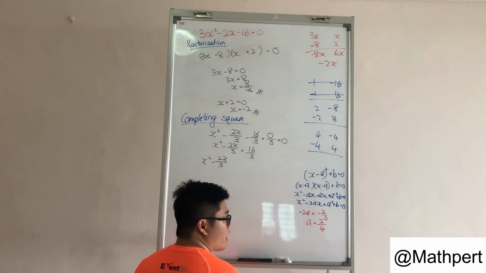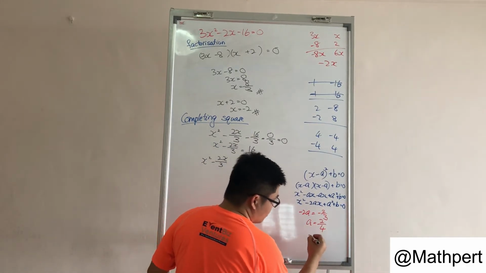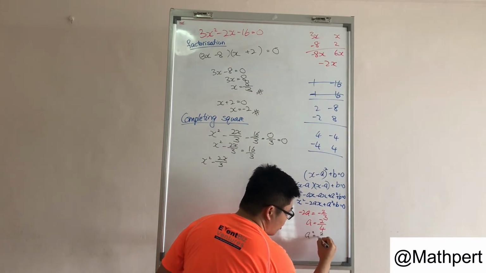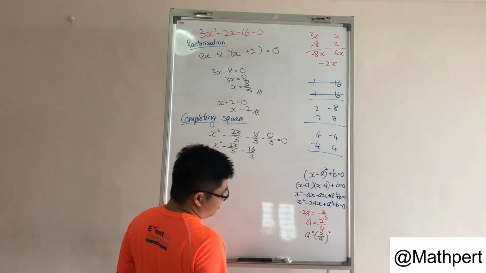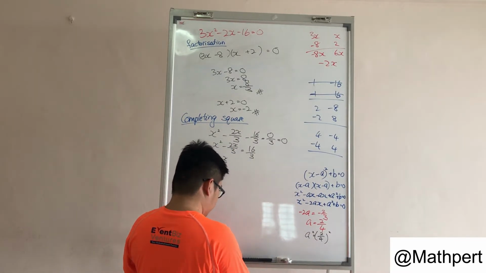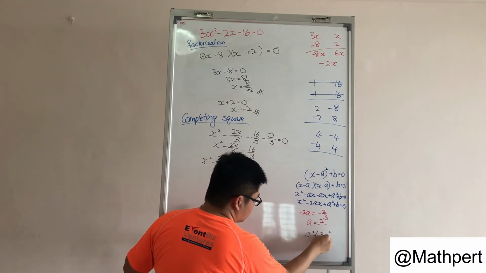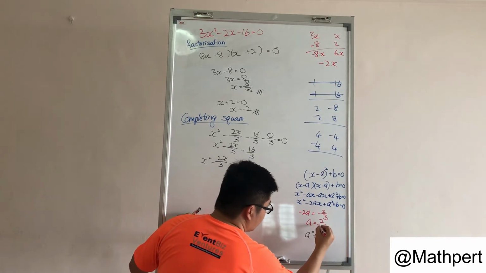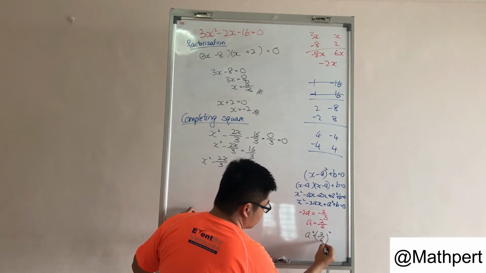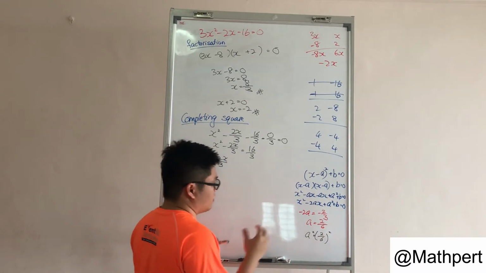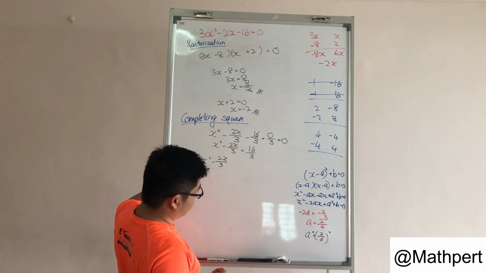So a squared will be 2 over 4, the whole thing squared. Sorry, 2 over 6, not 4. 2 multiplied by 3 is 6. So 2 over 6, the whole thing raised to the power 2.